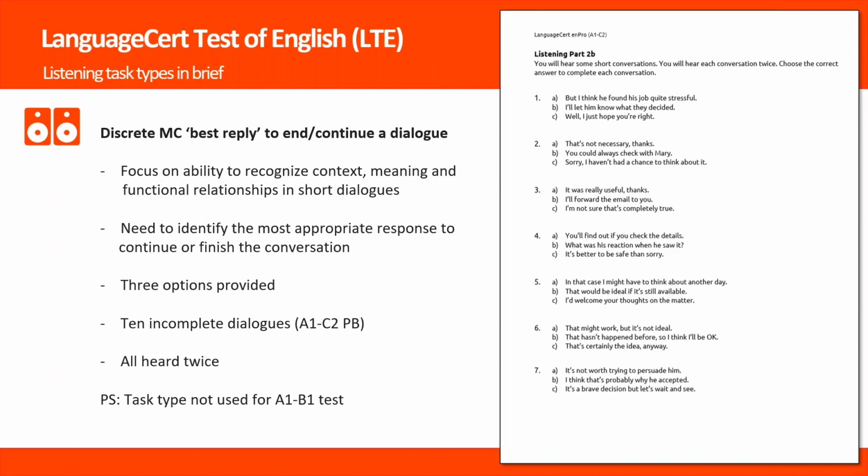They need to identify the most appropriate response to continue or finish the conversation. 3 options are provided, and candidates listen to 10 incomplete dialogues if they take the A1-C2 paper-based format of the test. All dialogues are heard twice. Please note that this type of task is not part of the A1-B1 paper-based test.